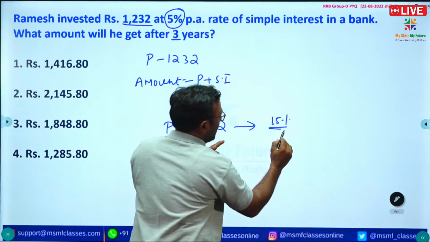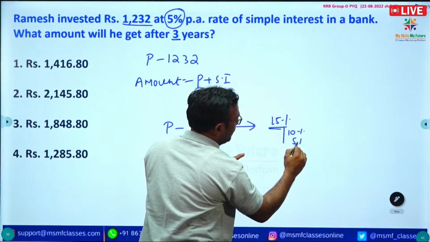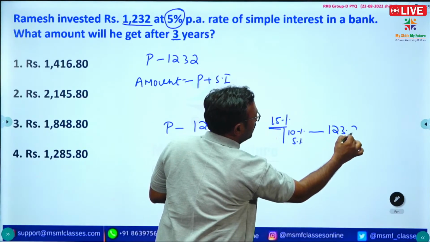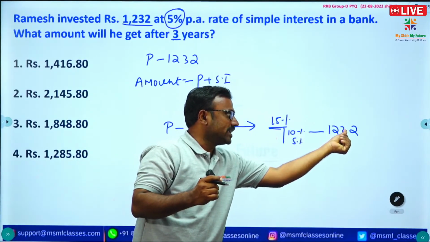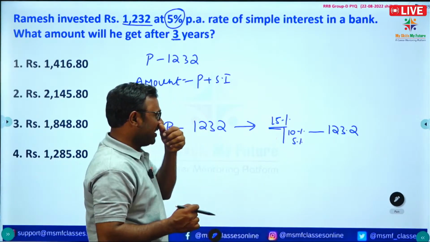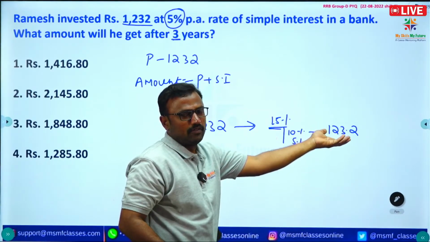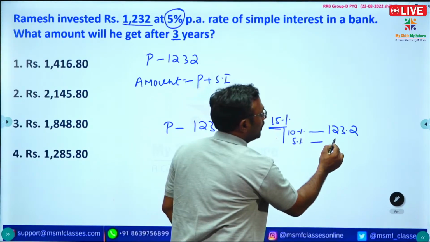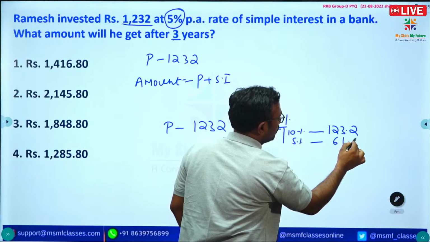First I am dividing this as 10% and 5%. 10% is equal to 123.2, just place one decimal point. Then 5% is half of 10%, so half of 123.2 is 61.6.